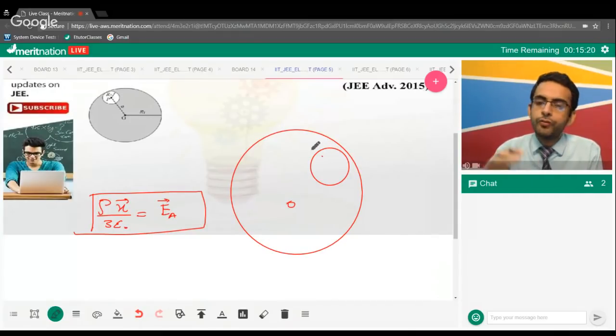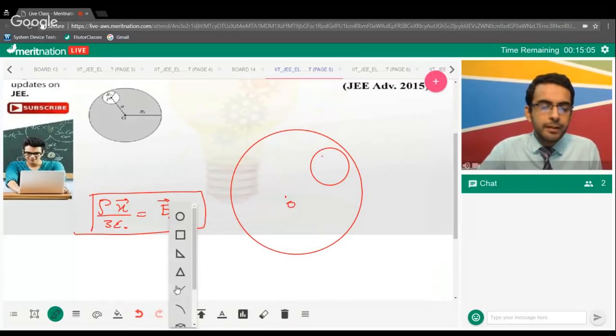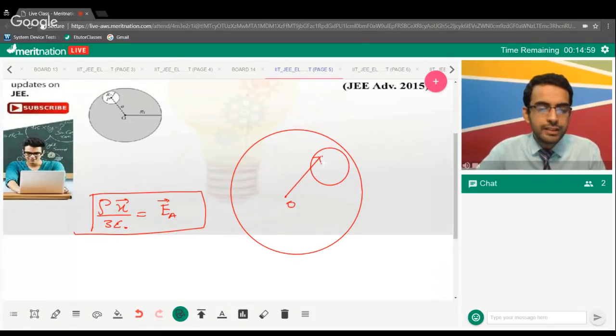Suppose the cavity is also filled with charge. Don't consider that it's a sphere containing a cavity; first consider that this cavity is also filled with charge. So because of the complete sphere, at point A, having position vector x vector, the electric field is given as this.